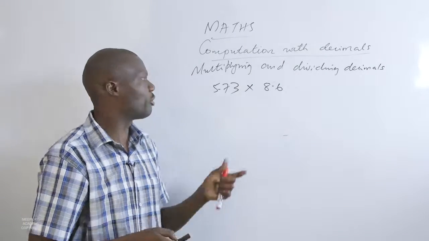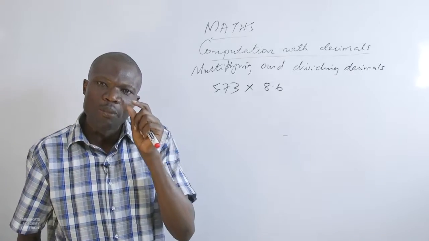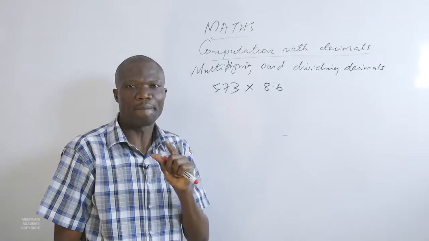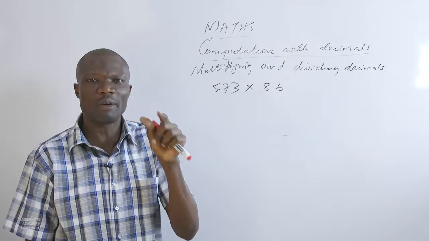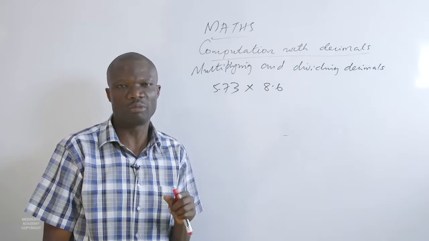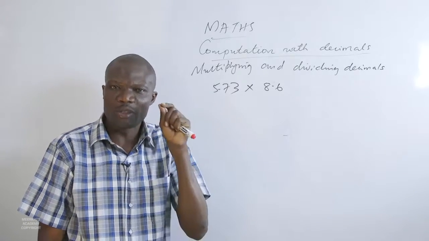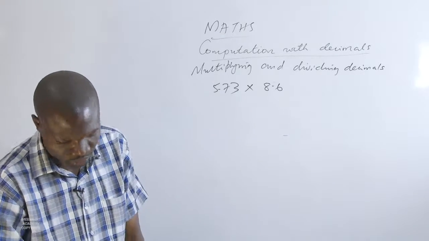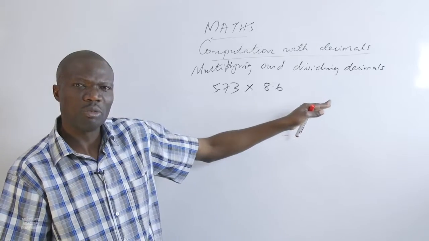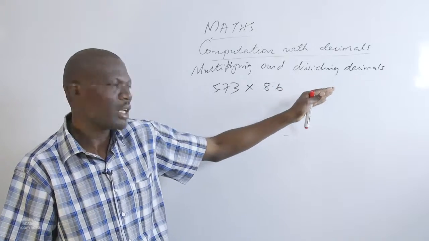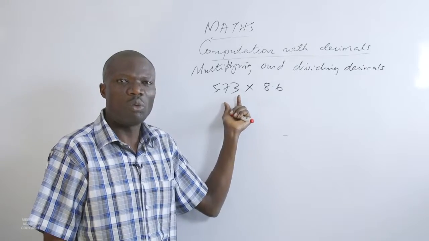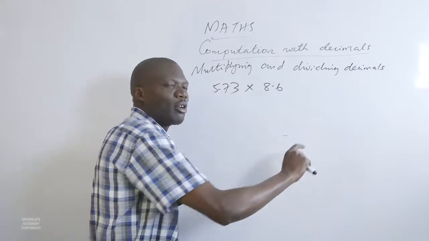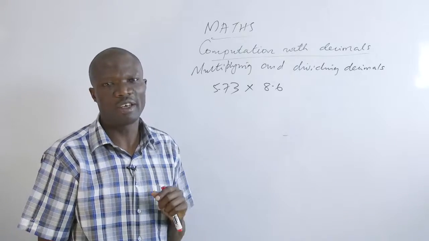Now, I want to say before I work this out, the position of the decimal point in your answer will be determined by a rule. It's not by just an observation. Its position will be determined by the following rule: the total number of decimal places between the two decimals that you are multiplying makes the total number of decimal places in the answer.